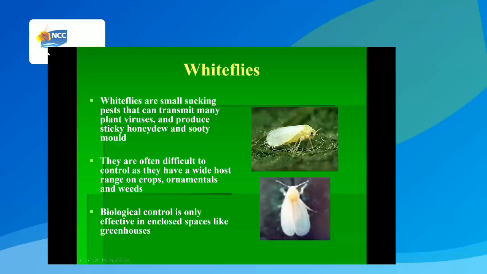We have a big problem now in Barbados with sweet potato. And sweet potato can be affected by two different viruses, which are transmitted by these little whiteflies. And when they do so, they result in you getting very few potatoes or no potatoes at all. So there are problems, big problems.